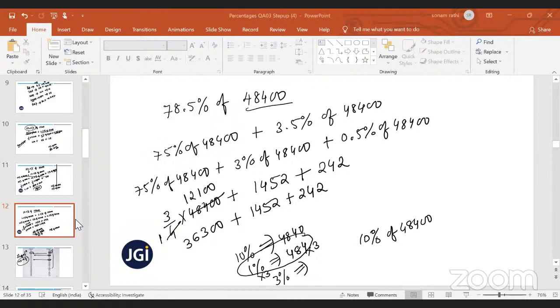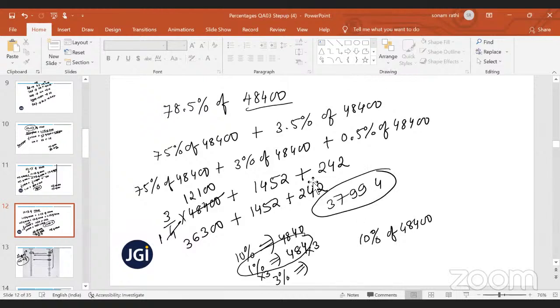No, Jacob, you cannot use a calculator. We are practicing on it, right? So total answer will be how much? Tell me. 37994. This is your final answer.